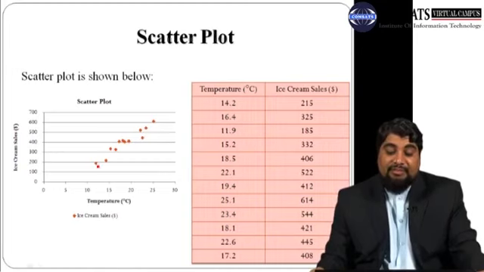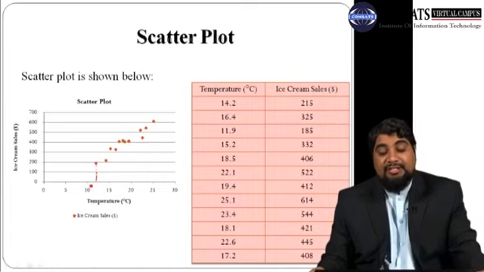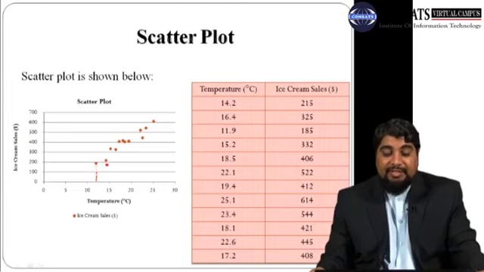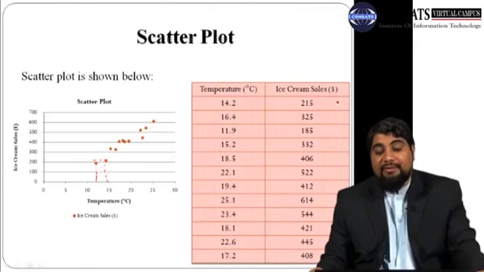This first dot represents the temperature around 12 point something and the ice cream sales around 200. Similarly this second point represents temperature around 14 degrees centigrade and ice cream sale around 200 something. This is the first point, 14.2 and 215.